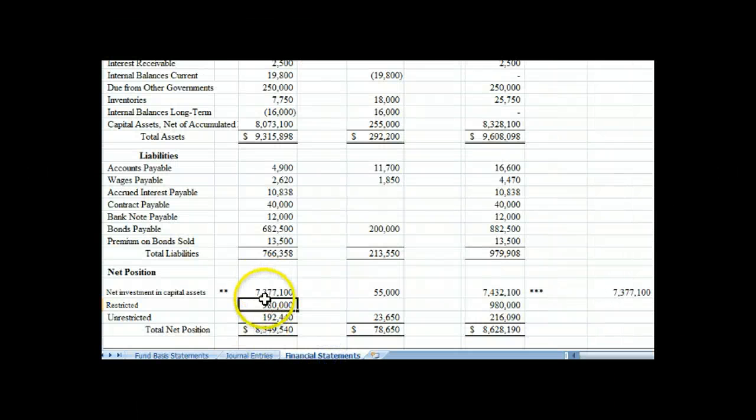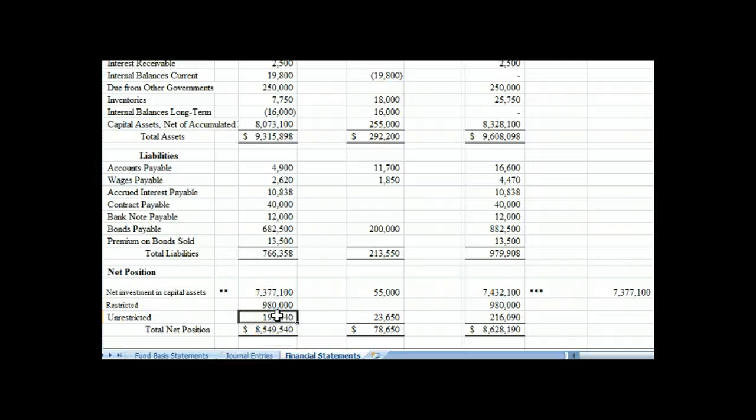That gives you your $980. The net investment in capital assets is going to be this total capital assets here minus the bonds payable and the premium on the bonds sold. That will give you your net investment in capital assets.